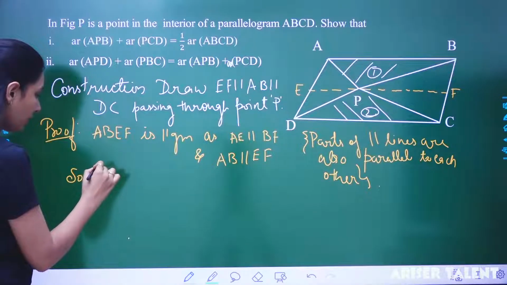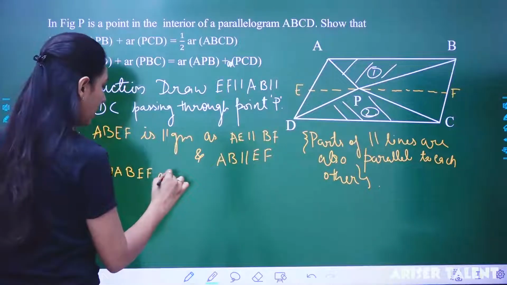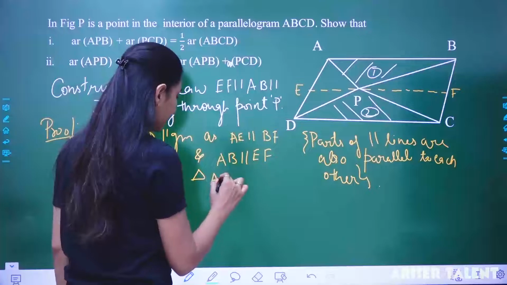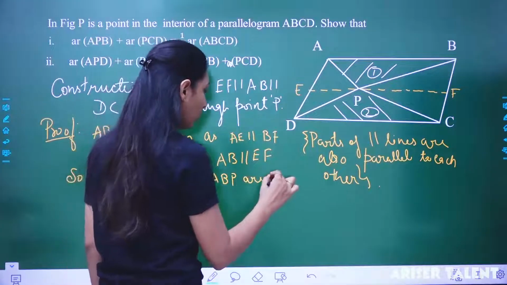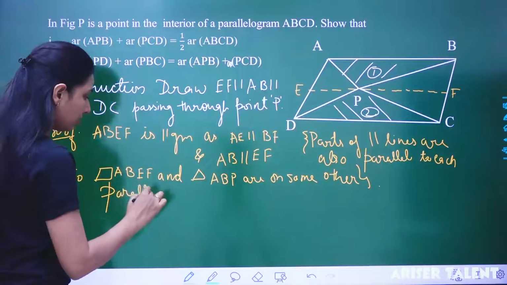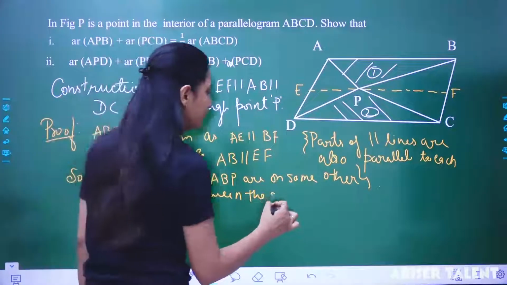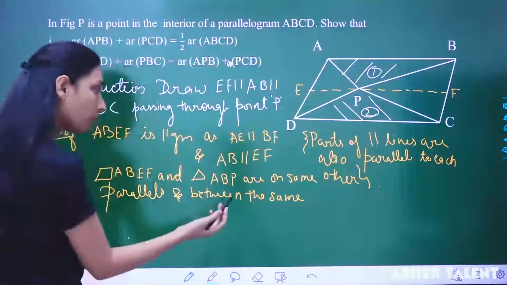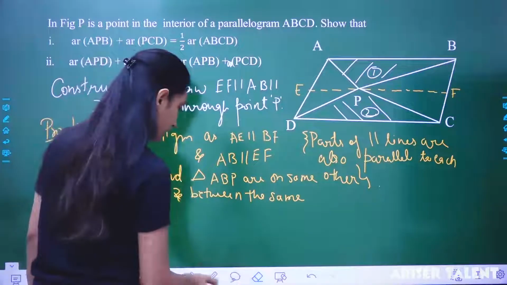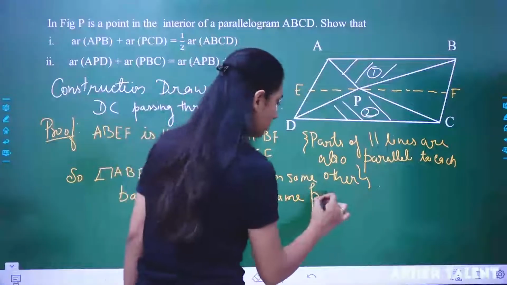So, parallelogram ABFE and triangle ABP are on the same base and between the same parallels.